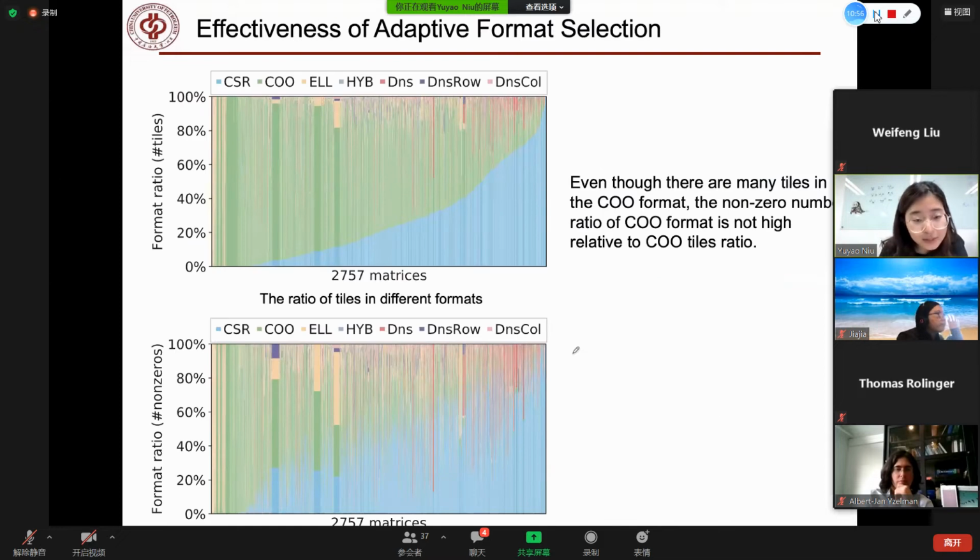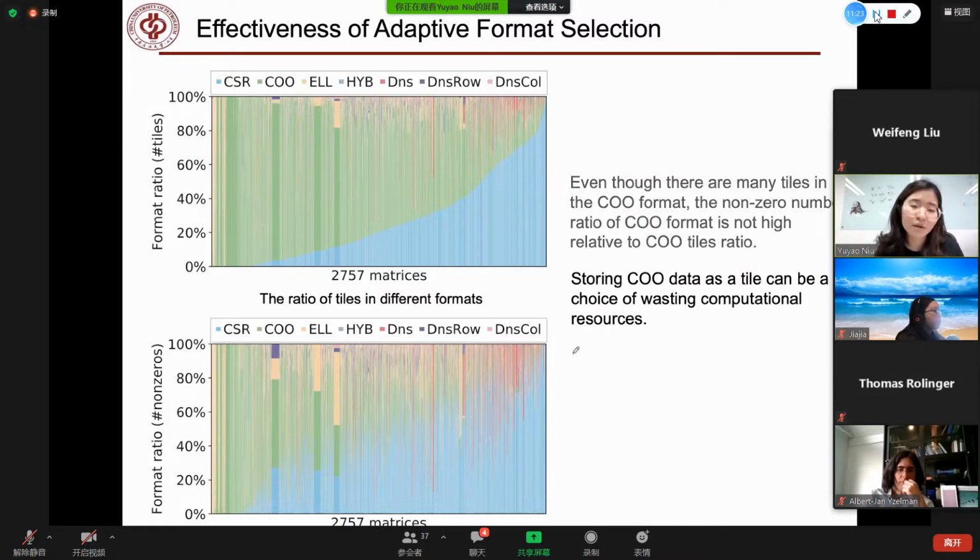We first plot the ratio of tiles in different formats and the ratio of non-zero entries in different formats. The different color bars represent different formats. As we can see, even though there are many tiles in the COO format, the number of non-zeros in the COO format is not very high, because of the low density of the COO format.